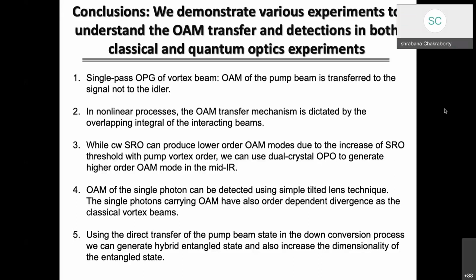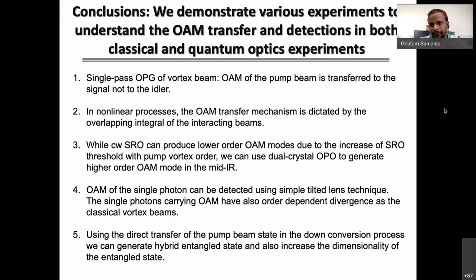These parametric processes are something very interesting. You can have a single laser and generate all the wavelengths you want. Only one laser, and that you can divide into any, because of energy conservation: omega p equals omega s plus omega i. For this omega s and omega i, there is no bound.